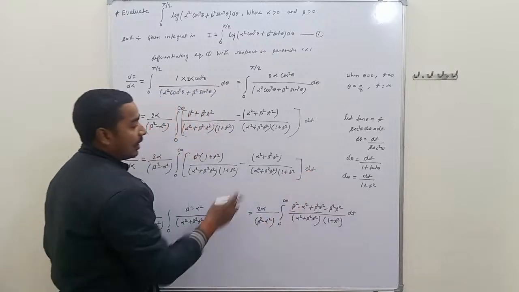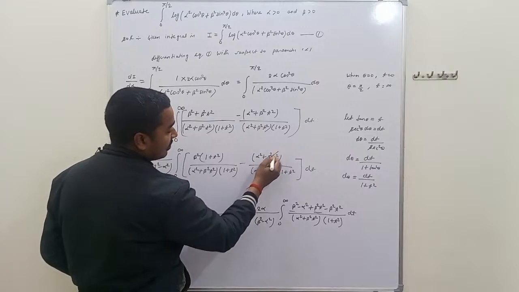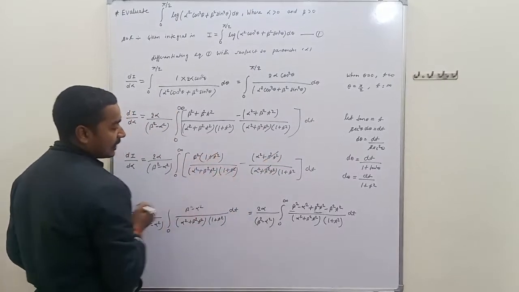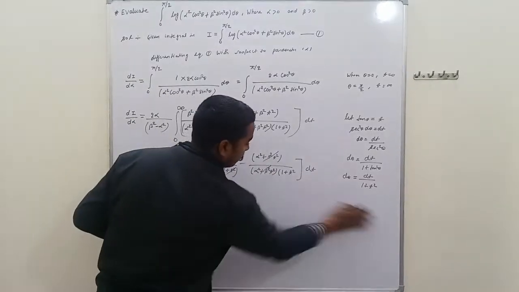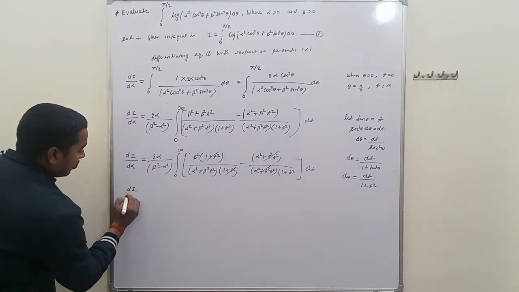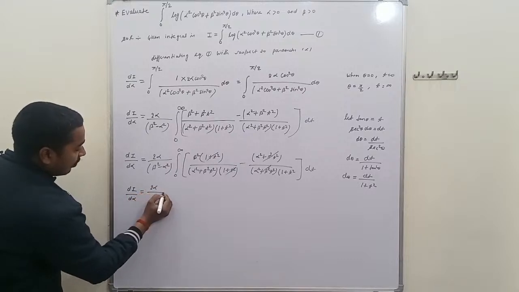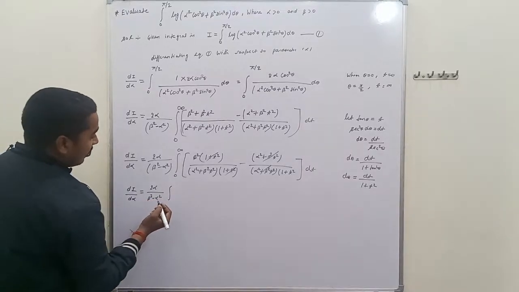From here, alpha square plus beta square t square to alpha square plus beta square t square is cancelled out, and from here 1 plus t square to 1 plus t square is cancelled out, and the remaining is given by di upon d alpha is equal to 2 alpha upon beta square minus alpha square, and the integral limit is here.